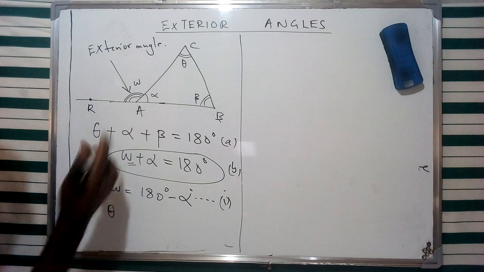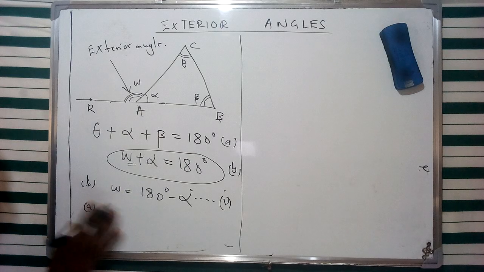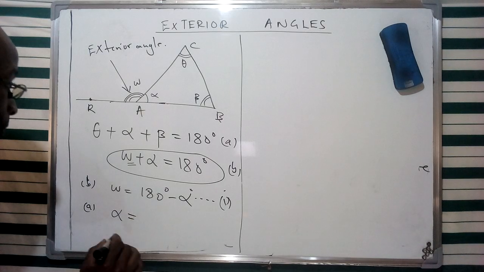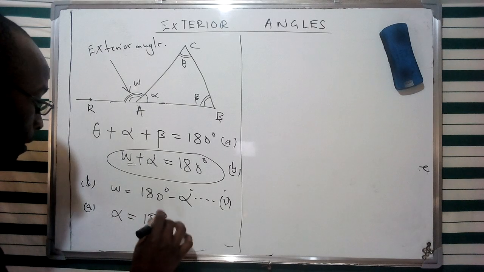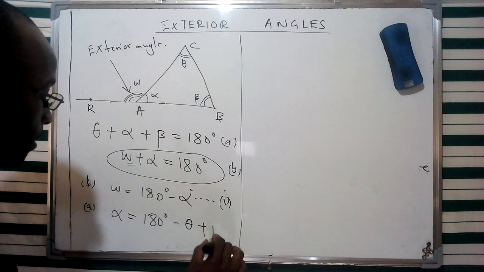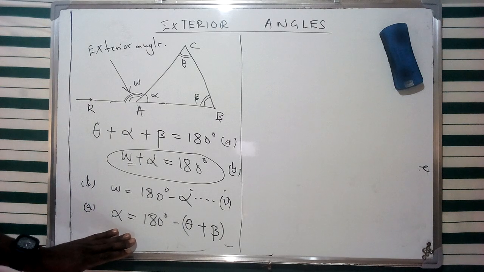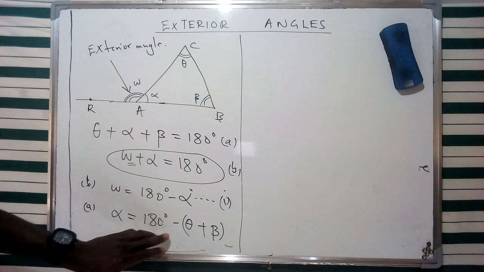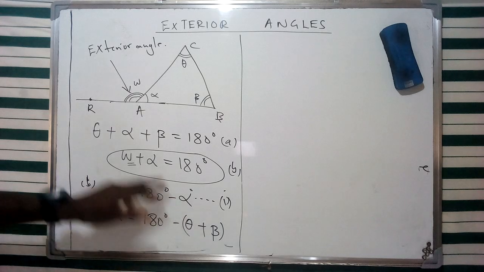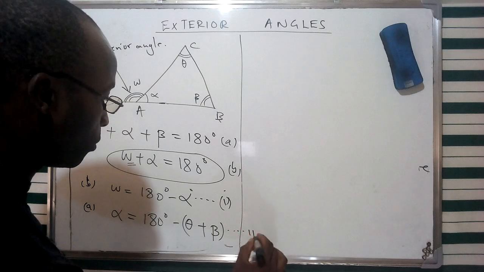So we are going to make a conclusion that we can describe alpha from the first equation A, whereby we are going to have alpha represented as 180 degrees minus, so we take this one the other side, which is theta plus beta given as such. So if we look at this, then 180 degrees minus theta plus beta is going to imply that this is a description for alpha. This is going to be our equation 2.